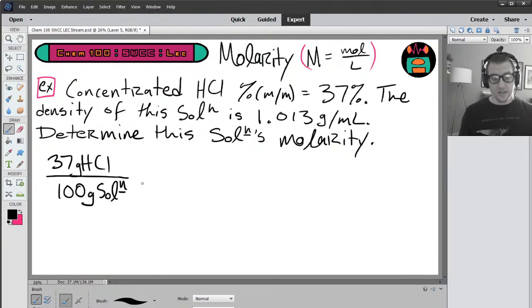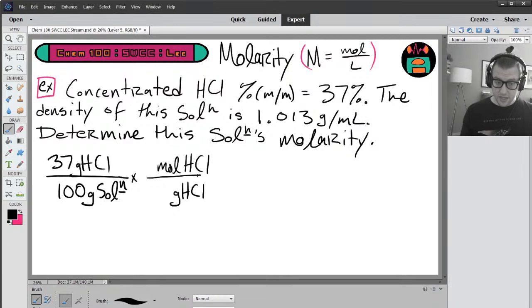We need a unit conversion that is going to convert grams of HCl to moles of HCl. The only unit conversion that can do that is molecular mass. So we need to calculate molecular mass for HCl.